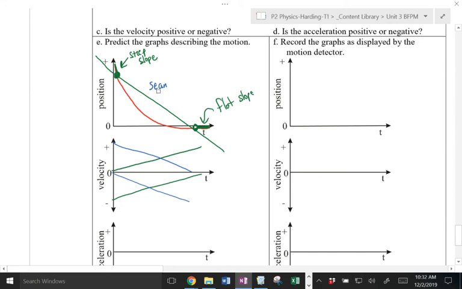I think it would be the top. The secant is negative. That's telling you that this position graph is generally trending negative.